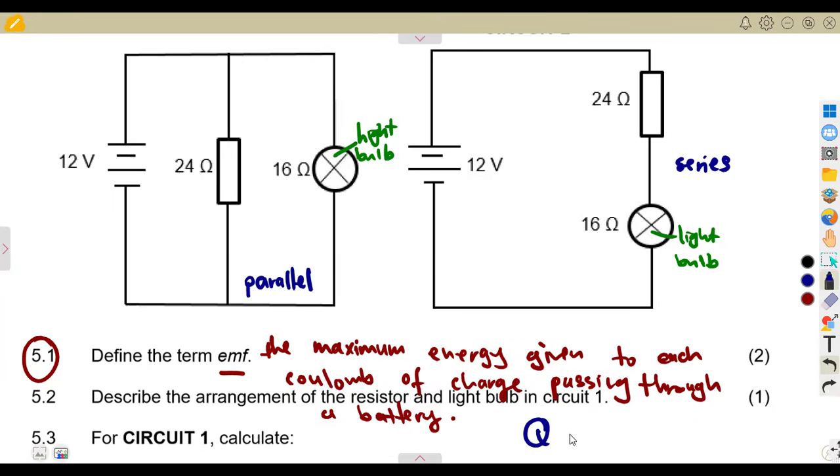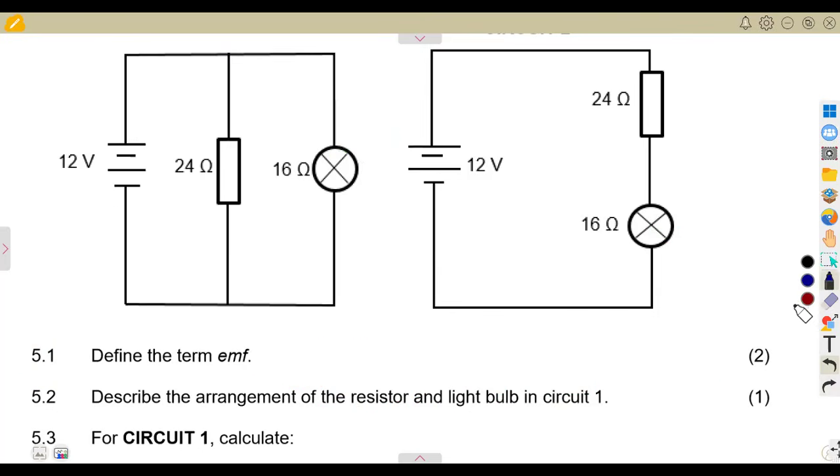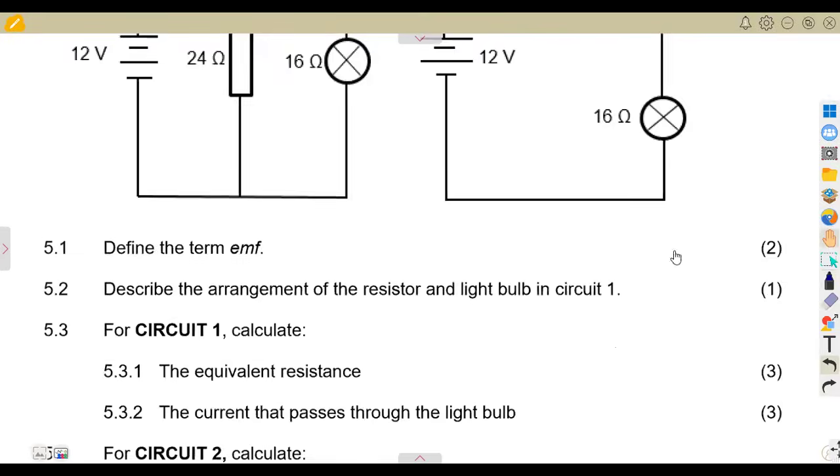Remember Q is equal to the product of the current and the change in time, which is in seconds. The charge is measured in coulombs. So that is the idea of the question there. It was a direct part, as you can see.